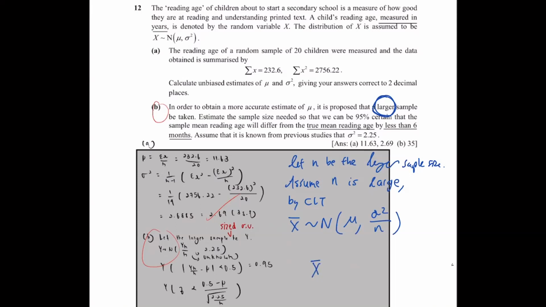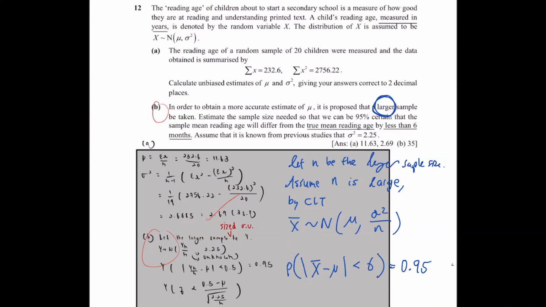So actually, what am I looking for? X bar minus mu, the absolute value, to be less than 6 months. You want this probability to be 0.95. What is the true mean reading age? The mu.